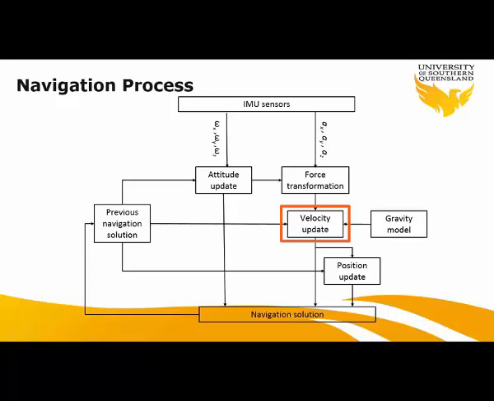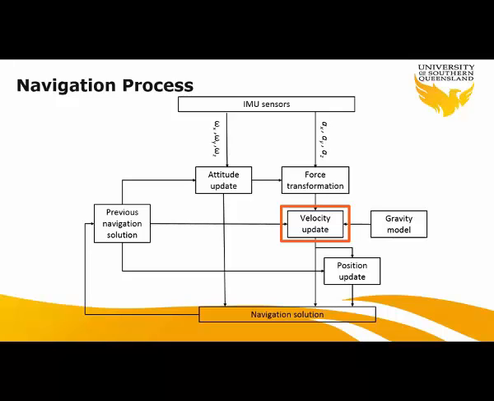However, we need to be careful about the acceleration we are given by the sensor, because unfortunately the instrument cannot differentiate the acceleration due to the movement of the vehicle from the acceleration due to gravity. If we somehow can find the acceleration due to gravity and subtract it from the total acceleration, we can get the acceleration only due to the movement of the vehicle.